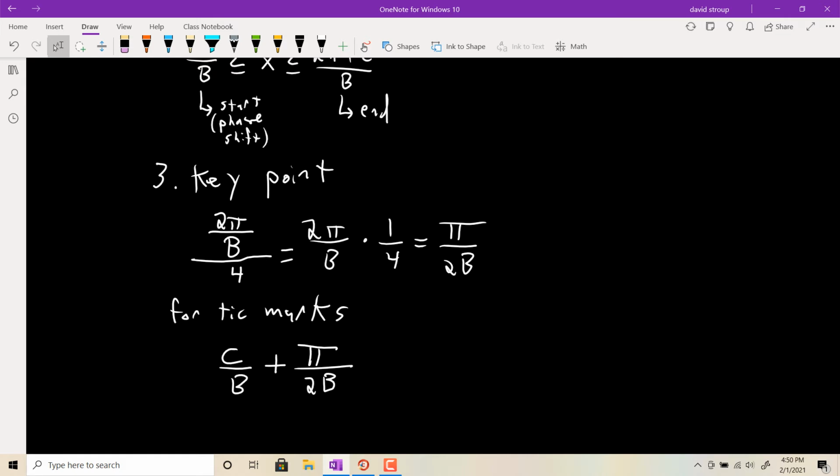So the actual tick marks on your final graph, you start at c over b, but then you're moving by that amount. It's going to make more sense once I show you an example. Okay, so without further ado, let me show you an example.